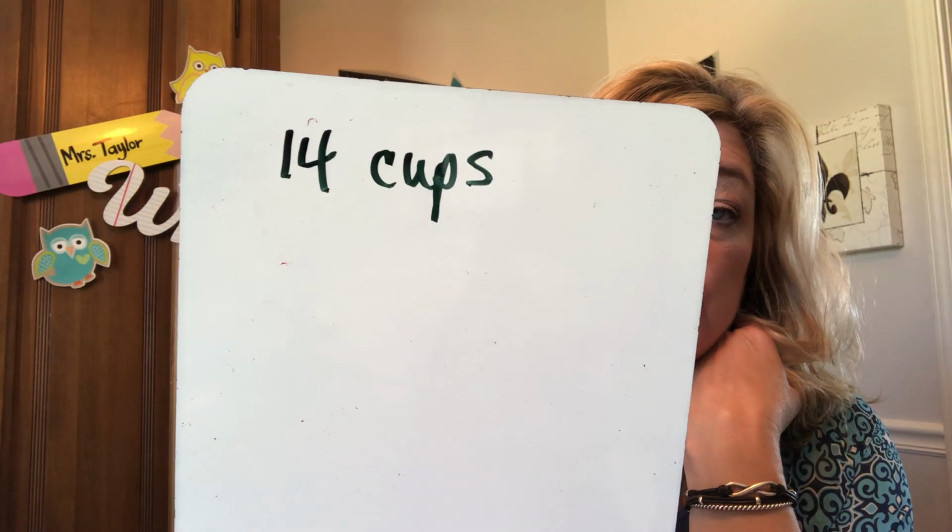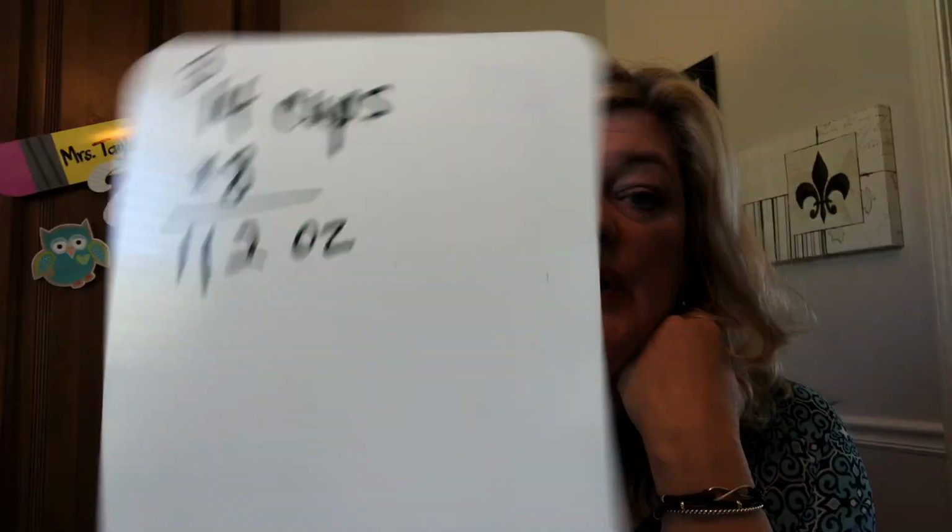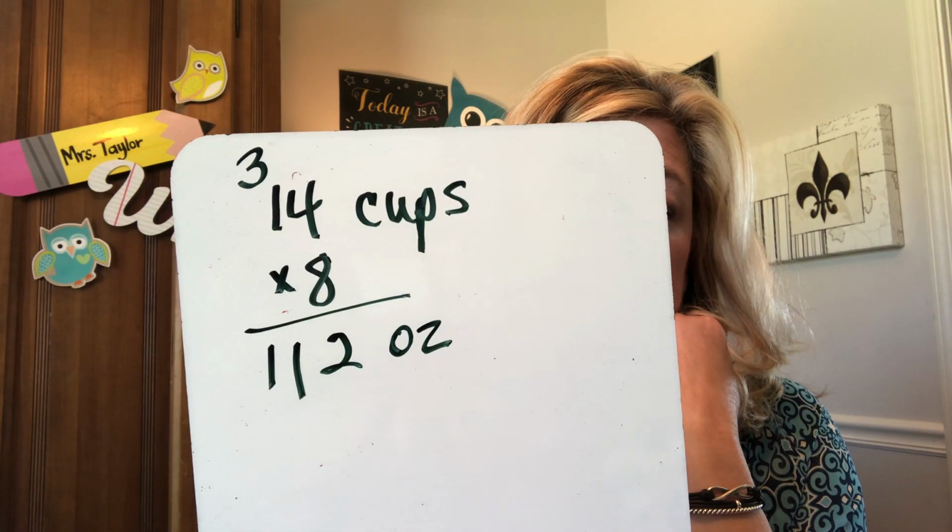And according to our chart, each one of those cups is equal to 8 ounces. So I could say 14 times 8. What's 4 times 8? 32. Carry my 3. 8 times 1 is 8, plus 3 is 11, so 112 ounces. But that's not what they're asking. They're asking pints.